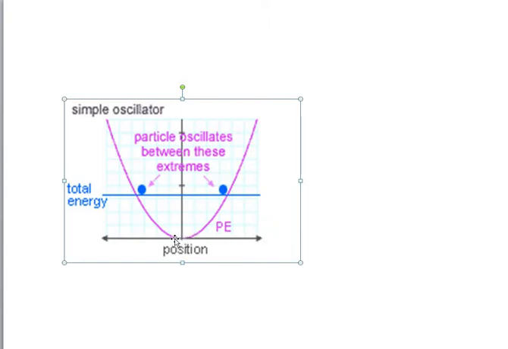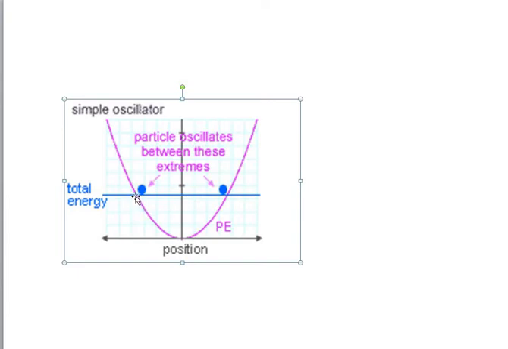When the particle moves towards the point P, its total energy is always constant throughout this path. As it moves towards P, its potential energy increases and kinetic energy decreases in such a way that the total energy is constant.